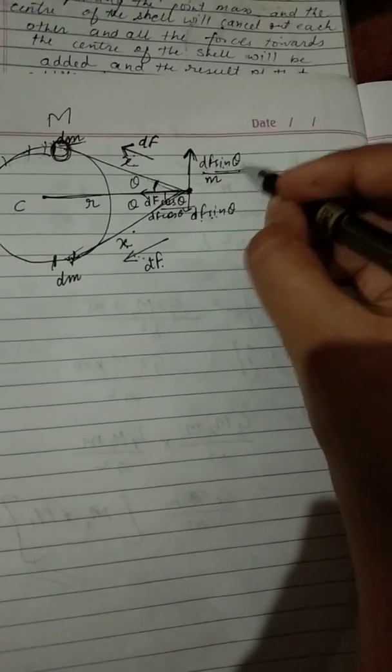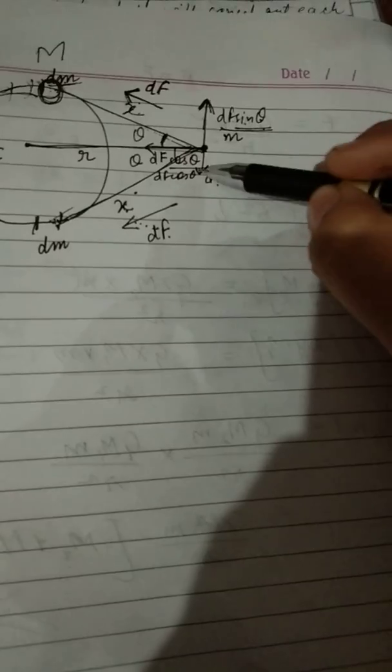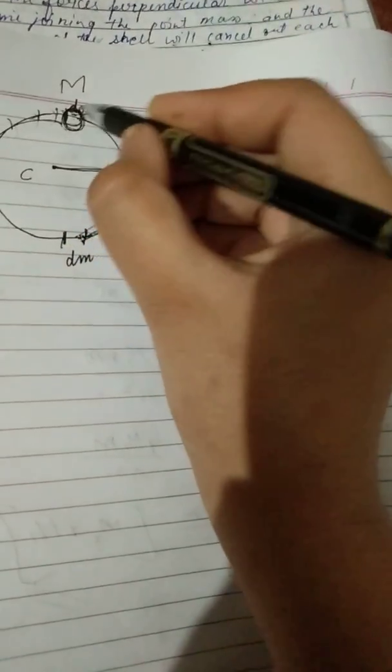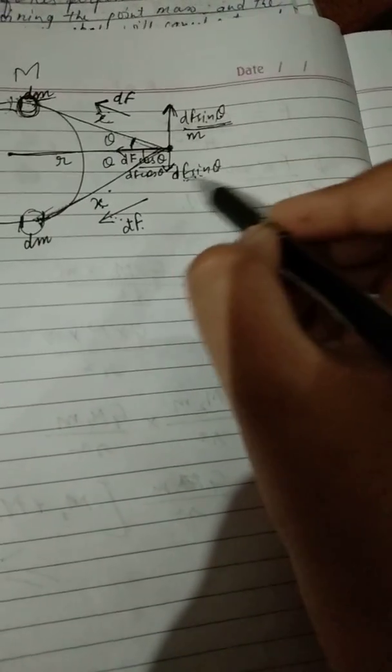And since these two components are opposite in direction, obviously they'll cancel out each other. ऐसा सिनेरियो हर पॉइंट के लिए होगा. जैसे ये dm लिया था, इसका डिस्टेंस x था, दूसरा dm लिया, उसका डिस्टेंस भी x था, उनके जो रेक्टेंगुलर कॉम्पोनेंट्स थे वो कैंसिल आउट हो गए. df sin theta वाले कॉम्पोनेंट्स कैंसिल आउट हो गए.